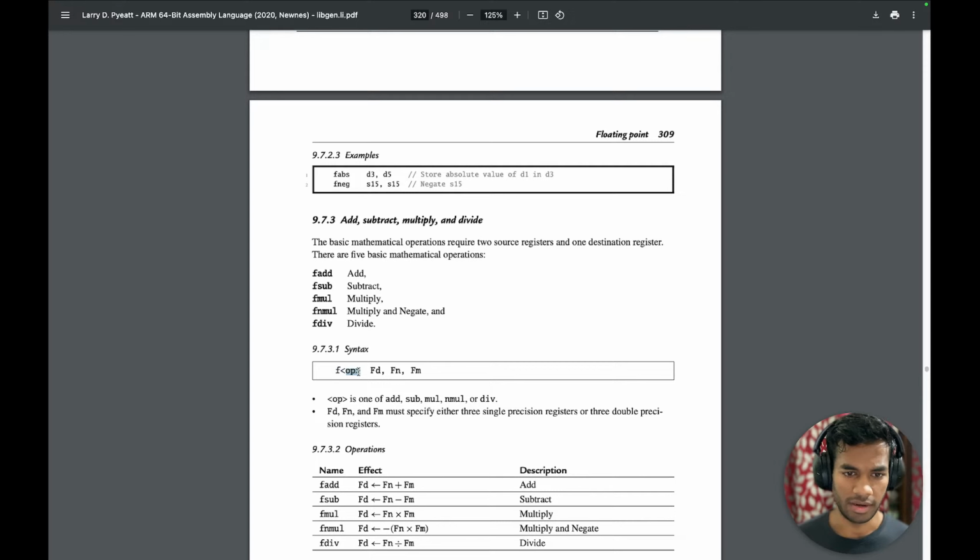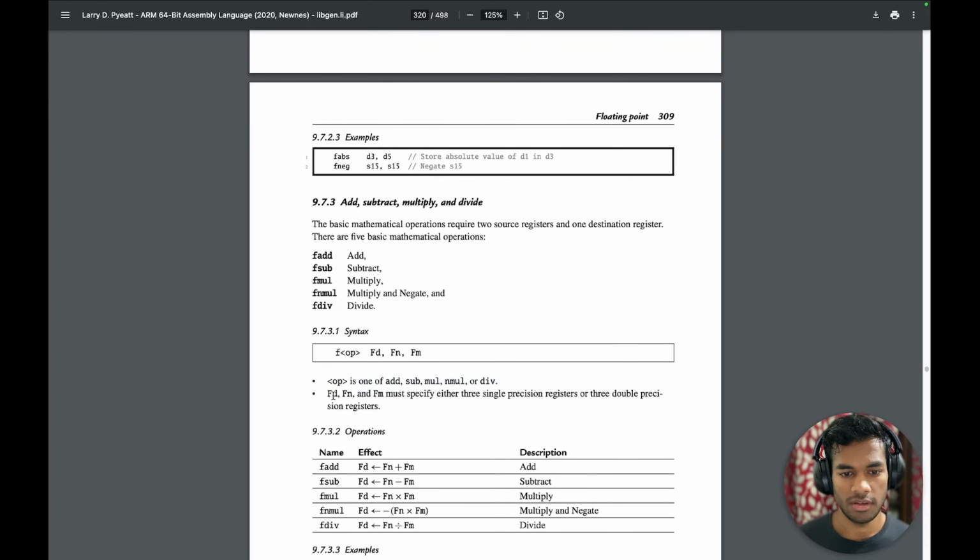Floating point add, multiply, divide, negate and multiply, and subtract: destination register and two source registers. Option is one of these, and these registers must specify either three single precision registers or three double precision registers. Three single precision uses 32 bits each, and since these registers are in total 128 bits, I can fit in four single precision registers.